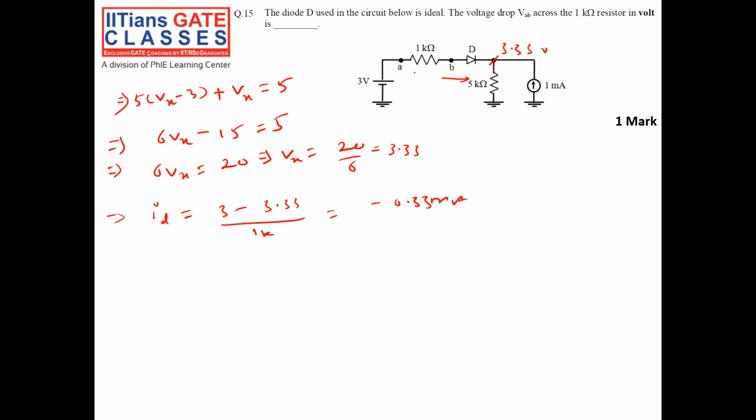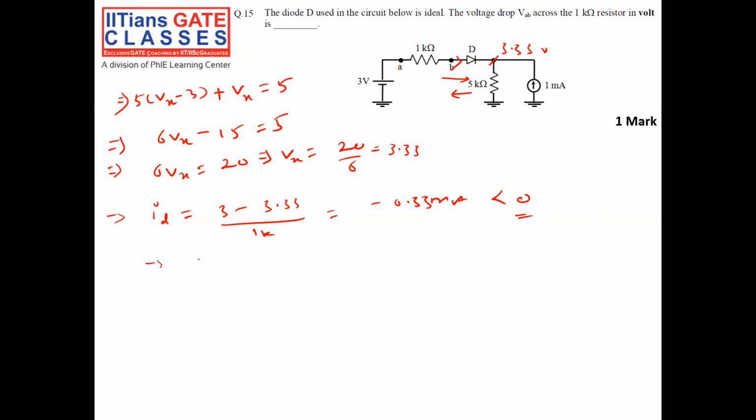The current is flowing in the opposite direction, which is not possible. If it were in forward bias, the current through the diode should be greater than 0, but it has come out less than 0. So the assumption of forward bias is not correct.